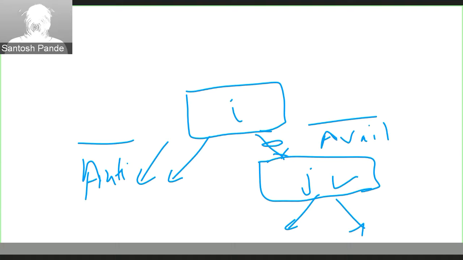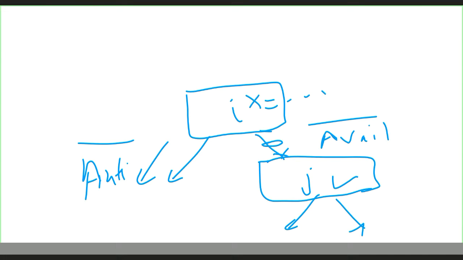And the second reason could be that, forget about this edge for now, it is not possible to move above this particular point because of X redefinition. So it is not available here. That's the first important precondition. It is anticipatable in the successor. That is another condition. So it is anticipatable in J. It is not available in IJ. Those two are the preconditions.